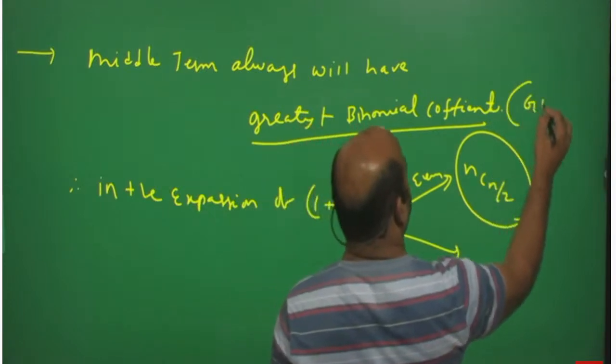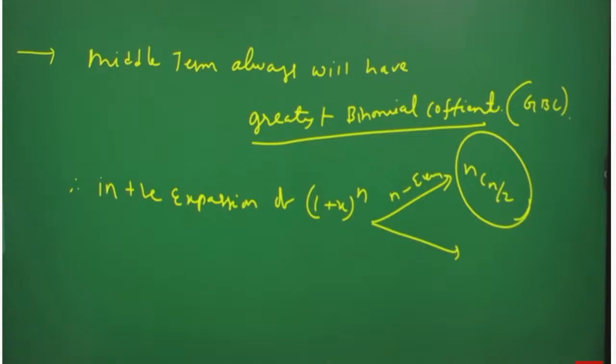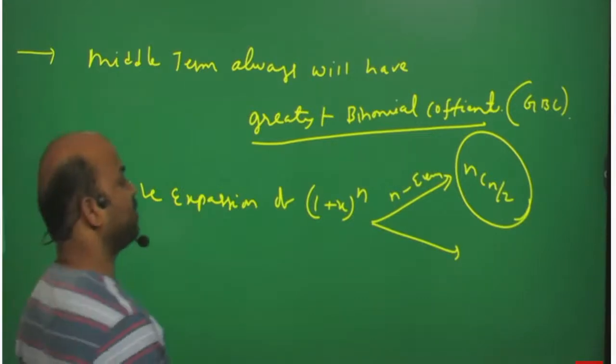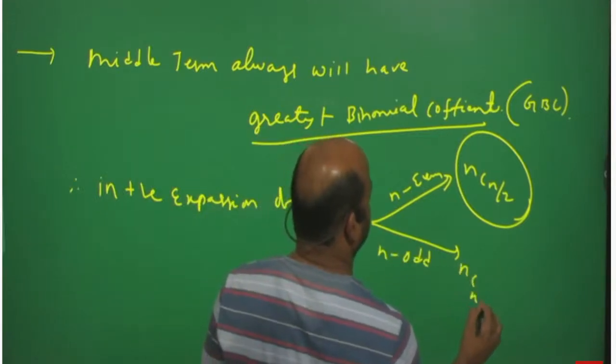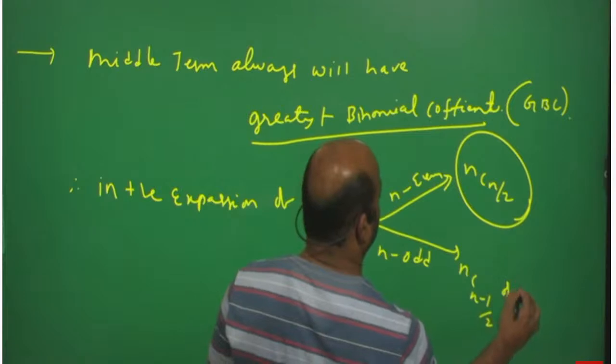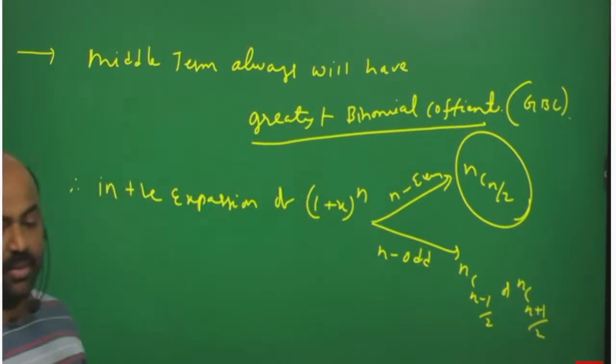What does GBC mean? Greatest binomial coefficient, nC(n/2). When n is odd, you will get nC((n-1)/2) or nC((n+1)/2).